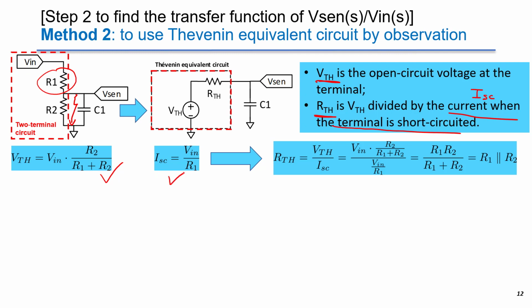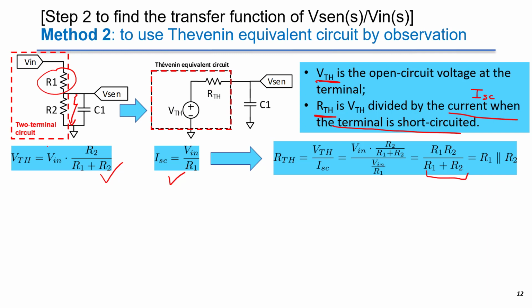So this is the short circuit current. Finally, the Thevenin resistor RTH equals VTH over ISC. We got R1 times R2 over R1 plus R2. We can tell that this is R1 in parallel with R2. So now we found VTH and RTH.